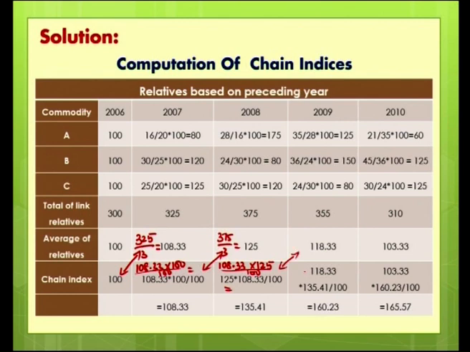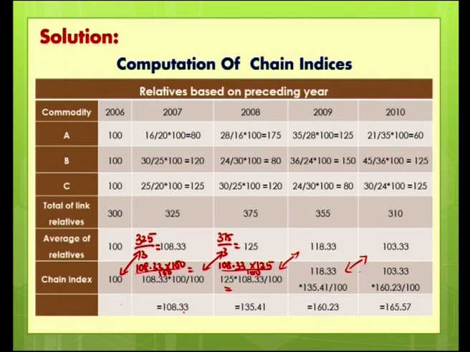Similarly, 135.41 into 118.33 divided by 100 is 160.33. Next value is 160.23 into 103.33 by 100 is 165.57. Now we have calculated the chain indices.